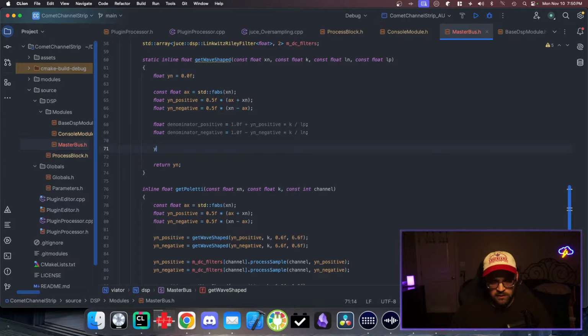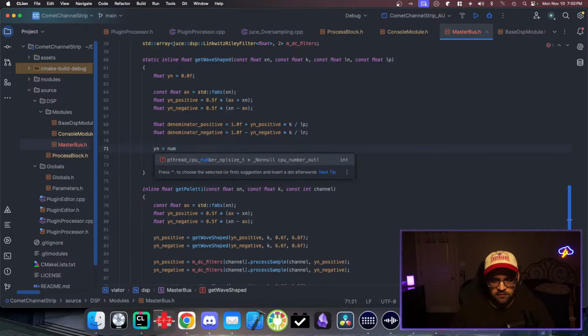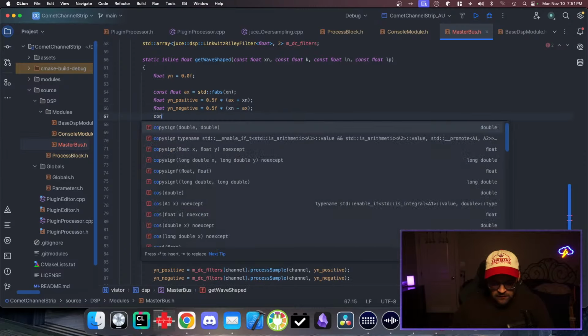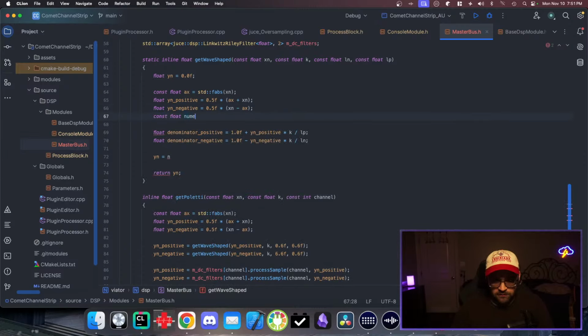We're going to say yn, basically, this is kind of like a little skeleton, is equal to numerator, or what's it called? Oh, I didn't make one. Let me do that. Const float numerator. Oh, actually, does it matter?